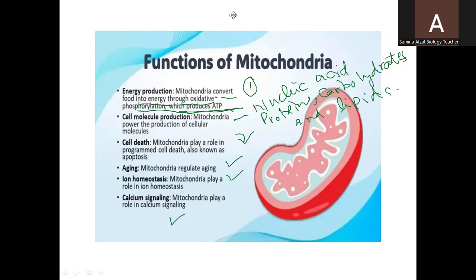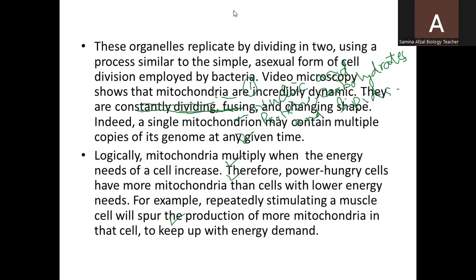All of it is regulated by the mitochondria. So these are the different functions performed by these very special organelles. These organelles also replicate by dividing into two, using a process similar to the asexual form of cell division employed by bacteria, which is called binary fission.